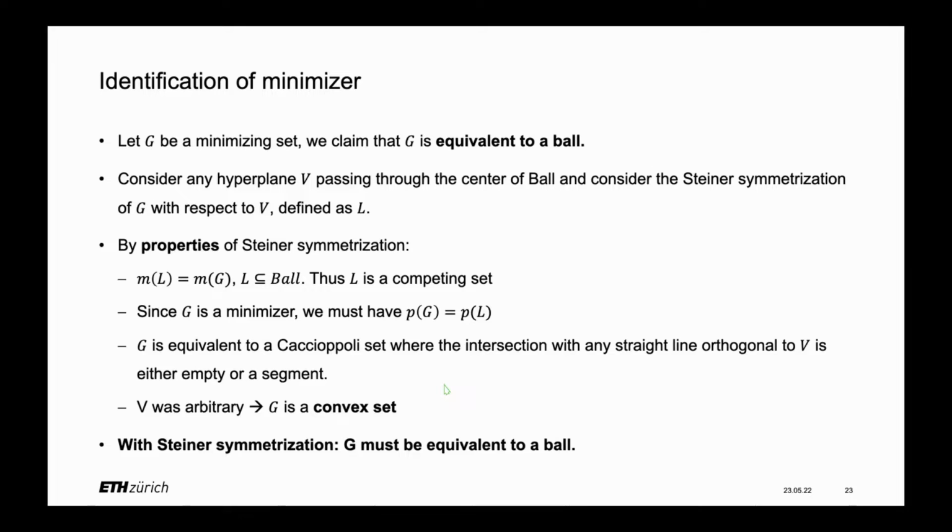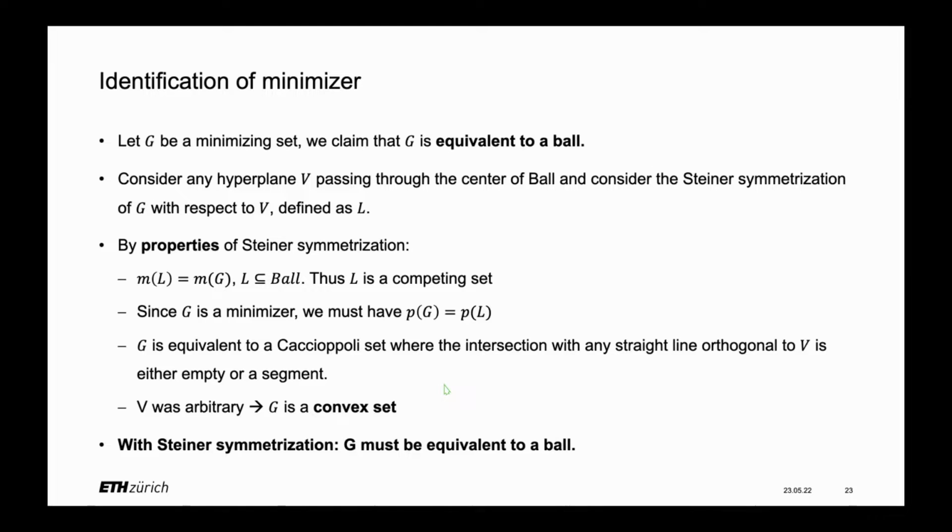The statement here is: let G be a minimizing set, and we claim that G is equivalent to a ball. How do we do that? We consider any hyperplane V passing through the center of a ball, and consider the Steiner symmetrization of G with respect to V, which is defined as L. By the properties of Steiner symmetrization, here we will use all 5 properties we've seen before.